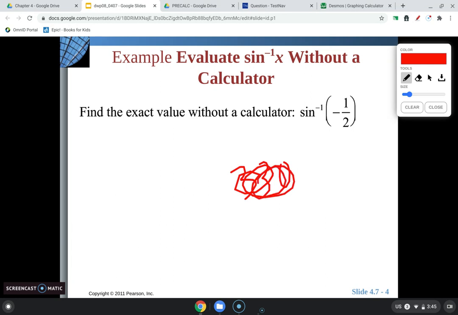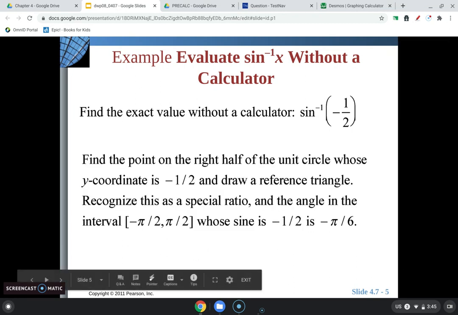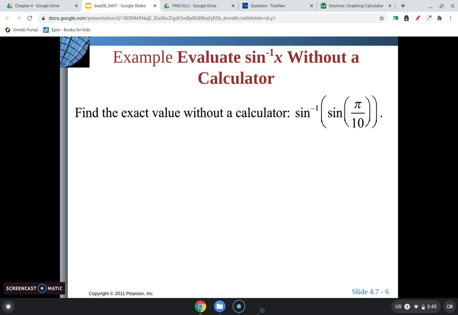Actually, we'd want to put that as negative 30 degrees, or negative pi over 6, because when you're dealing with the inverse, you have to stay within negative 90 to 90.